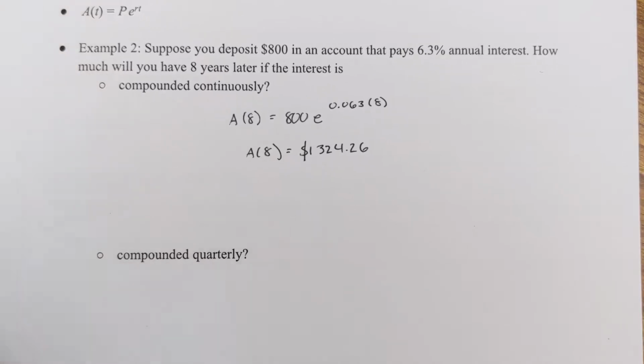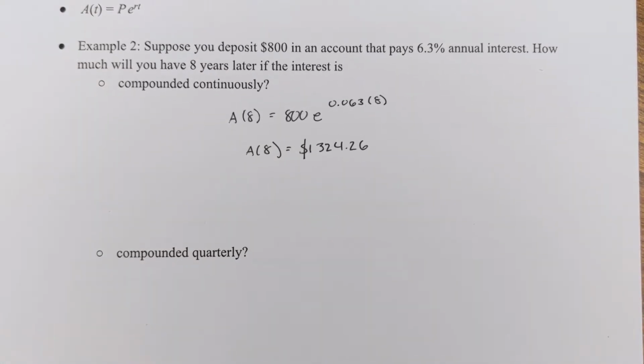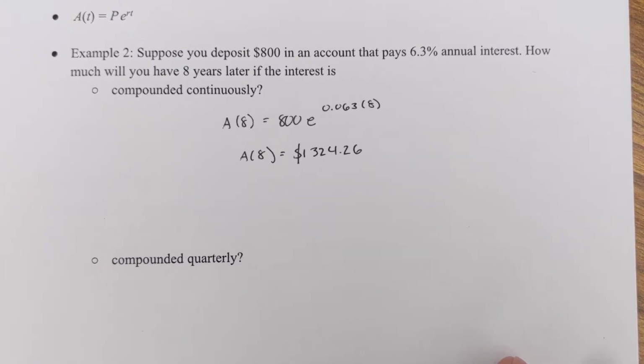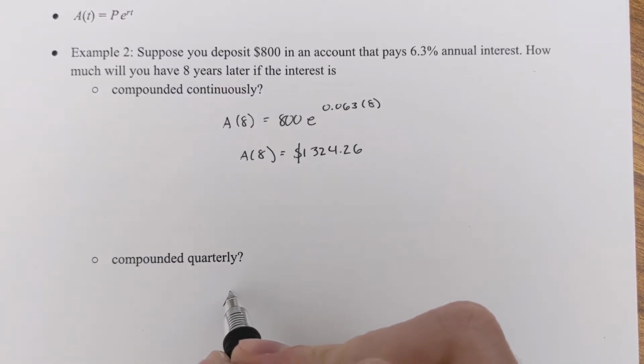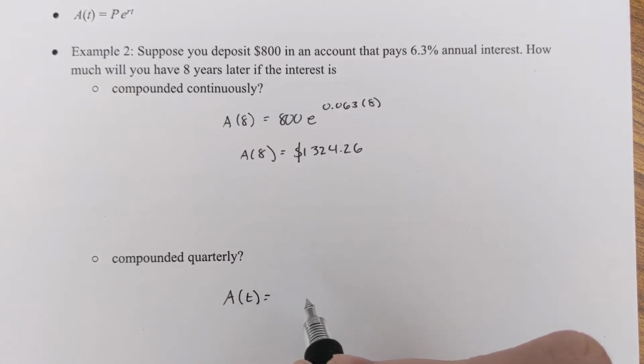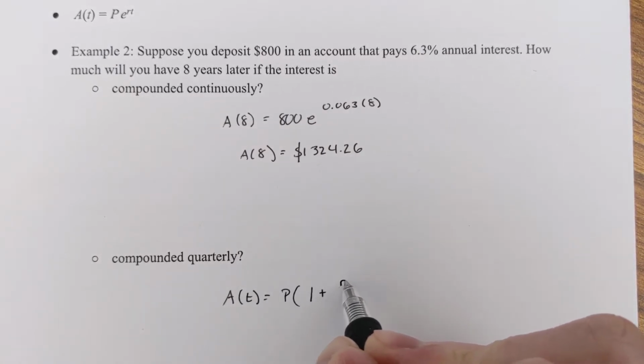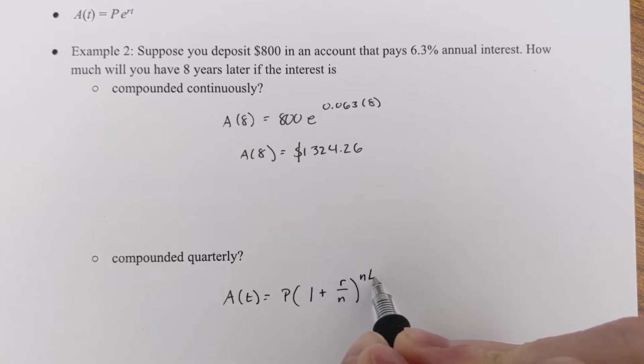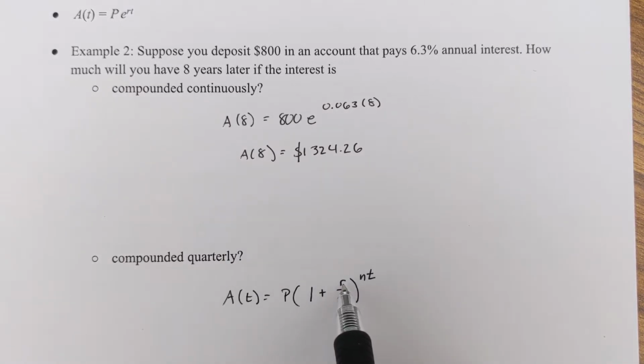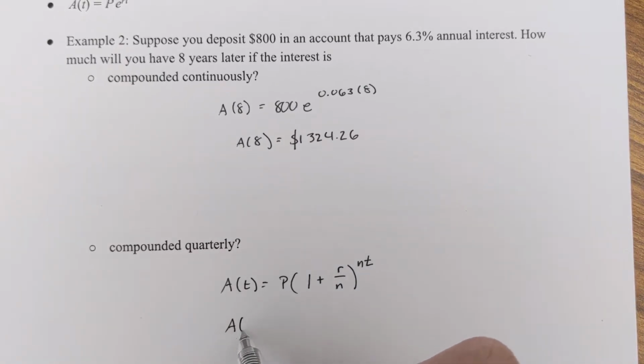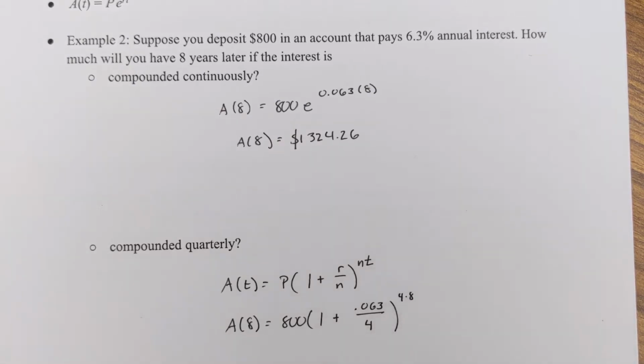Now compounded quarterly, and we've got a little bit different thing here. The formula for compound interest looks like this, where P is the principal, R is your interest rate, N is the number of times interest is calculated per year, and T is time in years. So once again, A of 8, 8 years later, I'm putting $800 in, 1 plus 0.063 divided by 4 times per year if it's quarterly, and my exponent is going to be 4 times 8, or 32.